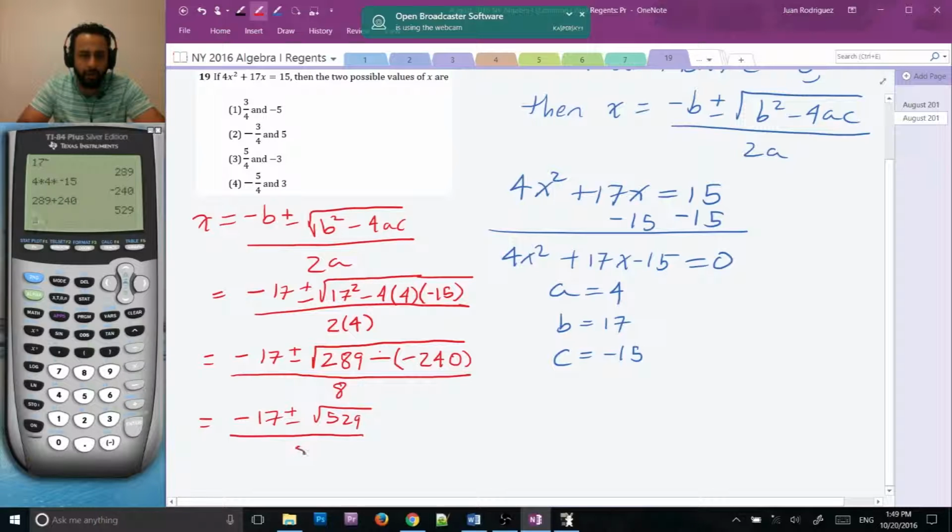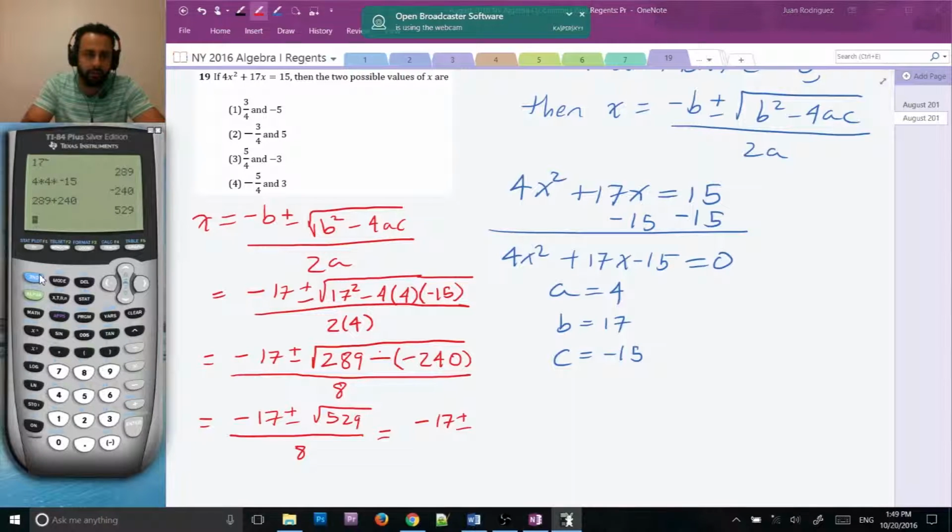Let's see, what's the square root of 529? Second. I'm sorry, I have to take a little pause. Believe it or not, I am colorblind. So I actually can't see the square root button, but I'm going to guess it's right there.